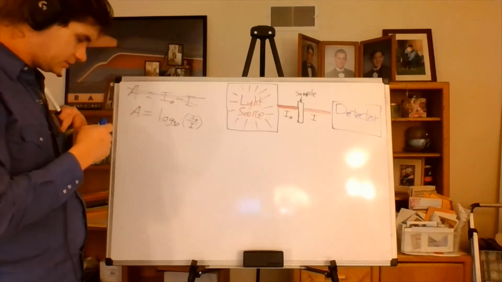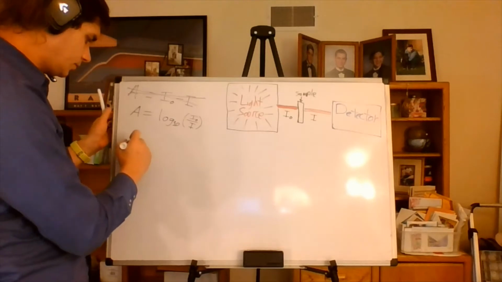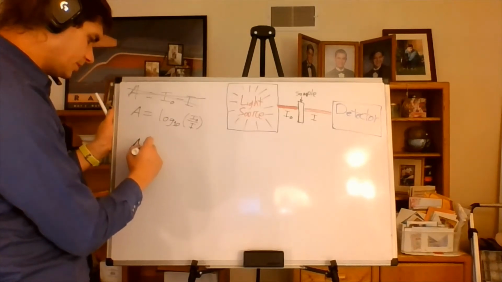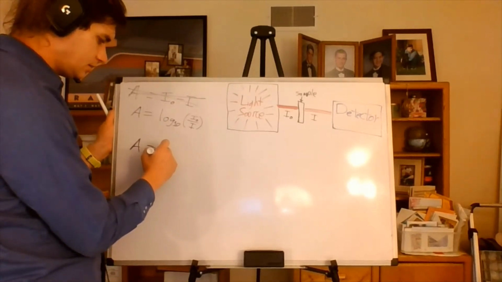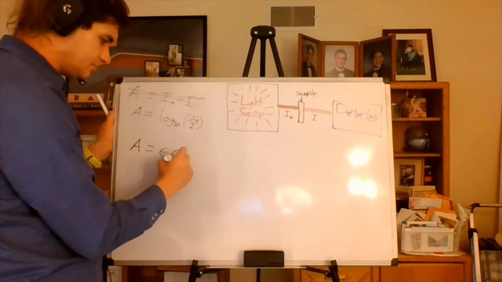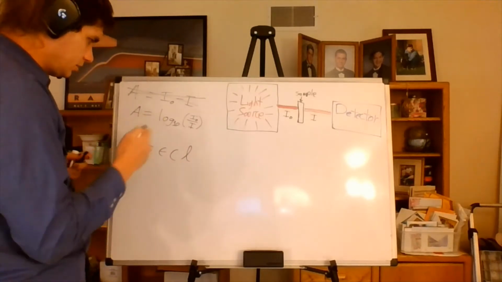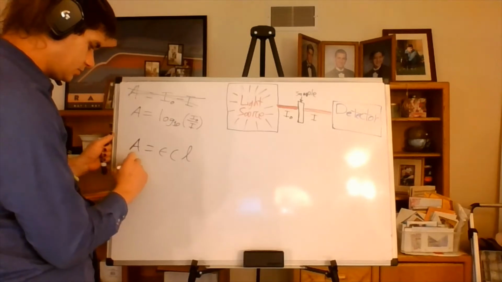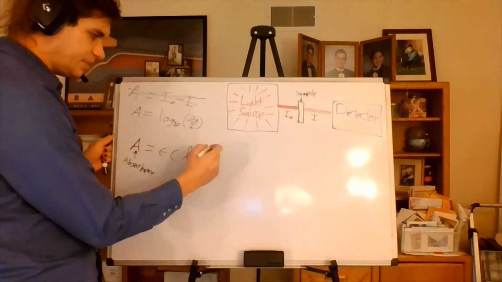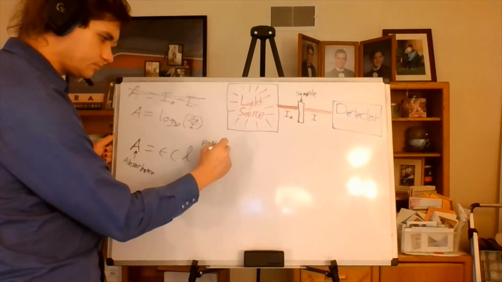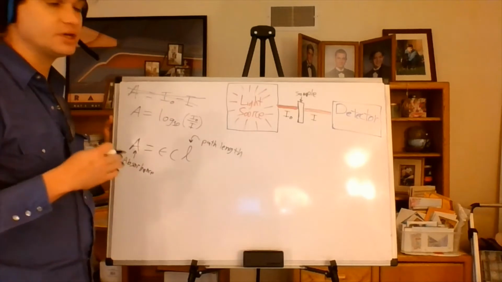With the Lambert-Beer Law, the absorbance is equal to epsilon times C times L, so this is absorbance, this is the path length, which is how much solution it has to go through.